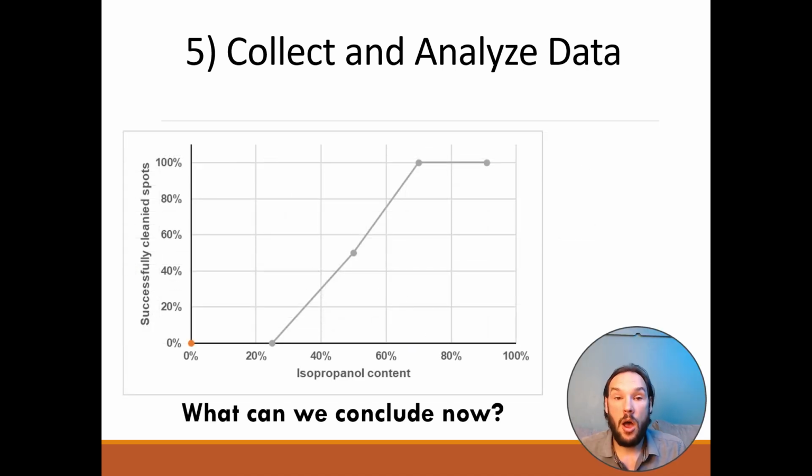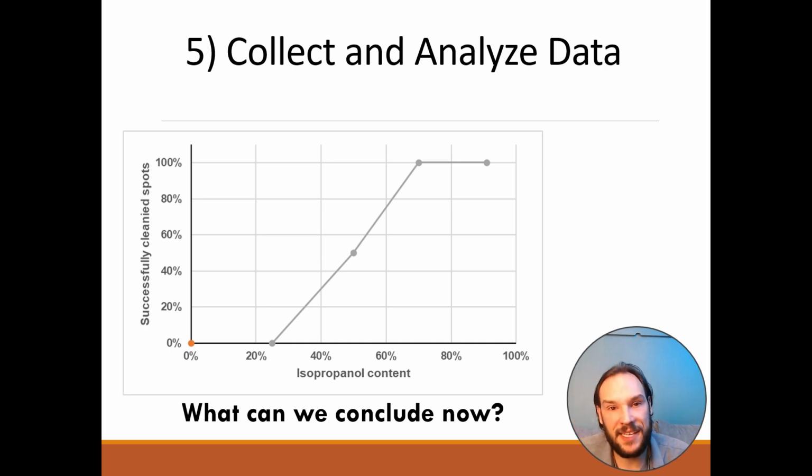If I now plot this with a line plot in Excel, and you find really great tutorials online if you have struggled with this, you want to plot the isopropanol concentration on the x-axis, so horizontally, sorry, and vertically the successfully cleared spots again.